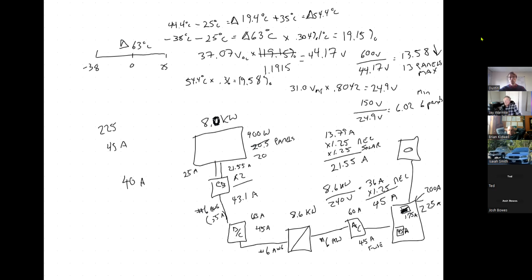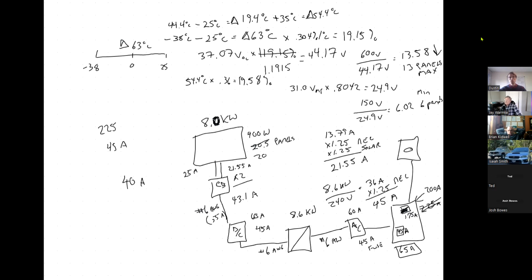So you add 25 to your other side. Yeah, so I could go as high as 65 amps down here if I reduce this breaker to 175. So it's the combination of the two.